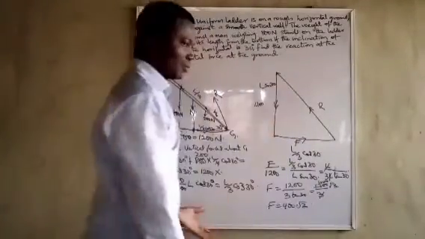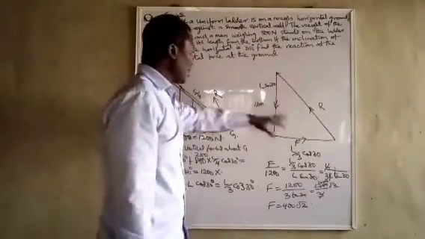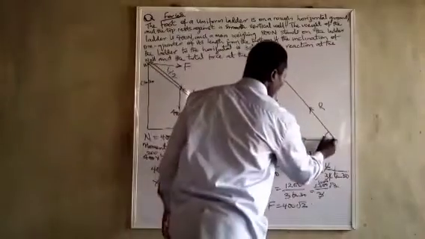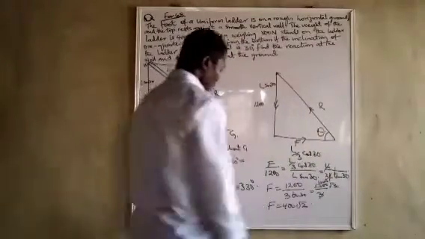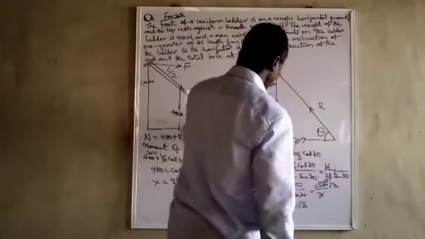And now to find R, I can easily find this. Now let me find this angle, the direction of R. Conveniently I can find this from this again.